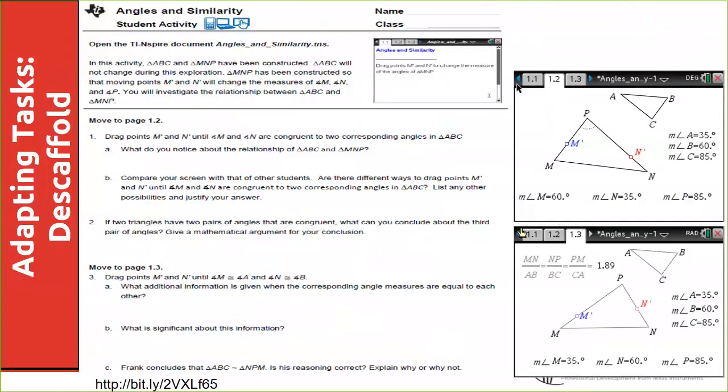But what I did here on these 2 slides, and this was sort of what I would expect to happen in the classroom, is that I've created the 2 different possibilities in these 2 screenshots you're seeing. So the one on the top, you actually see that angle M is not congruent to angle A, but you still have a 60, 35, 85 triangle.